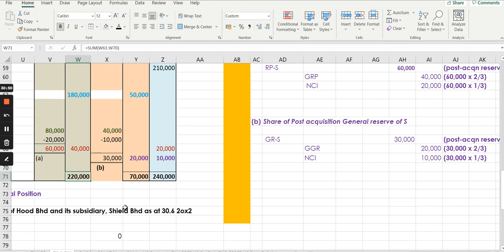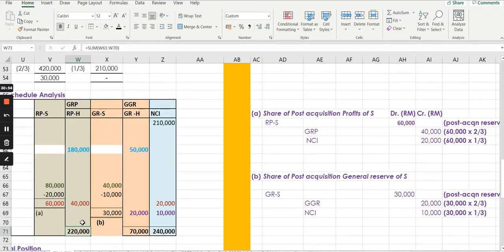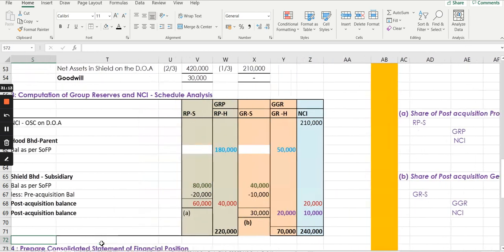So you have three totals there: this one represents group retained profit, the 220,000. This 70,000 represents the group general reserve, and 240,000 represents the non-controlling interest, the share of non-controlling interest on the date of acquisition, as well as the share in the post-acquisition reserve.